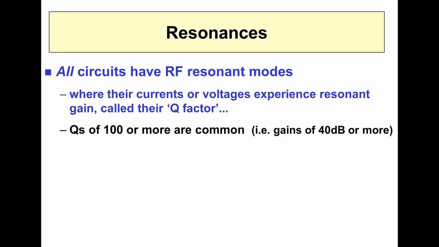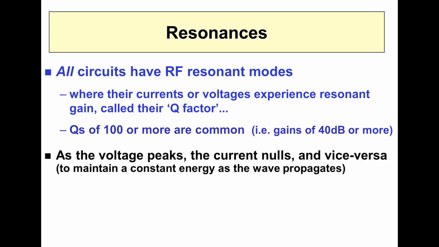We like our signals to run down a trace and appear at the other end. We like our power to go down a cable and appear at the other end. We don't like them to be lossy. So we end up with circuits which are rather resonant, like a metal bell is resonant, because they haven't got many losses. So gains of 40 dB or more are quite common in electronic circuits.